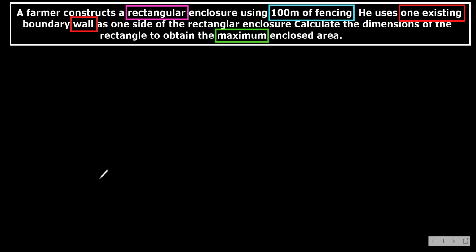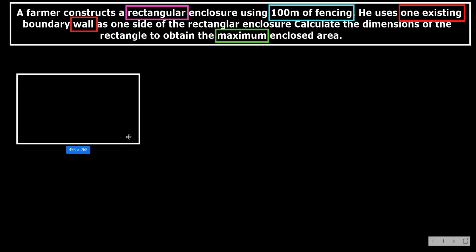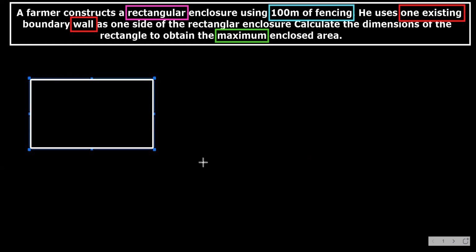Okay, fine. So how do we approach this? A sketch would be nice. Let's sketch the diagram here and say, well, this is the rectangle that we will be having. But listen to what they said. They said one of the sides there is not really going to be fenced because the farmer is already using a wall for one of those sides.